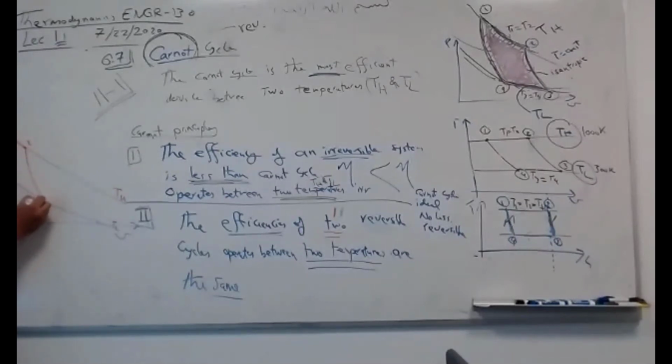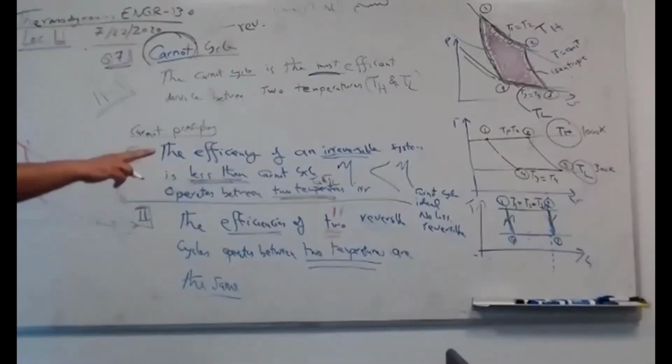Then three. Then four. Go back to one. This is cycle one. Exactly like there: constant temperature, constant entropy, constant temperature. So reversible isothermal, reversible adiabatic, reversible isothermal, reversible adiabatic. This is a PV diagram.